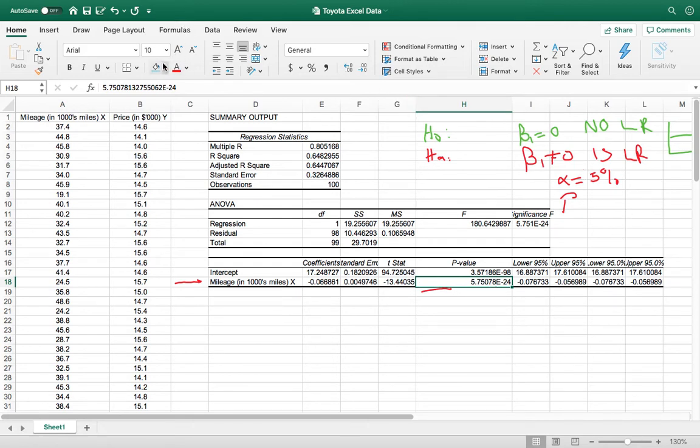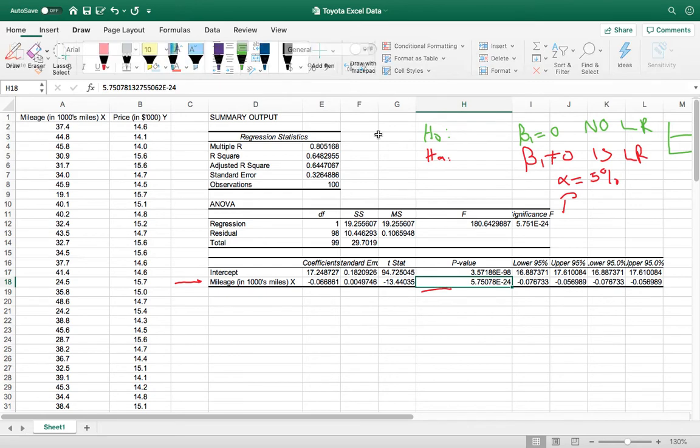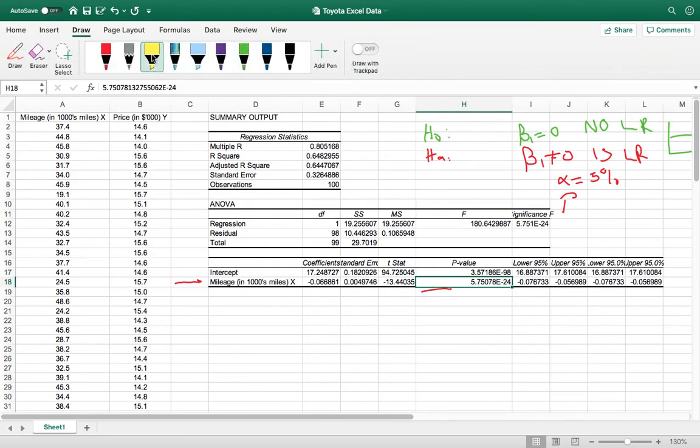So we can basically say that the p-value here is approximately 0. So p is approximately equal to 0. And what do we know? We know if alpha is greater than or equal to the p-value, we reject H0.